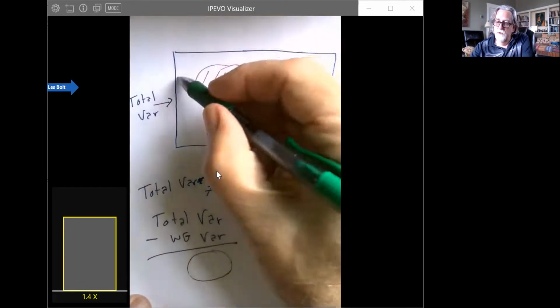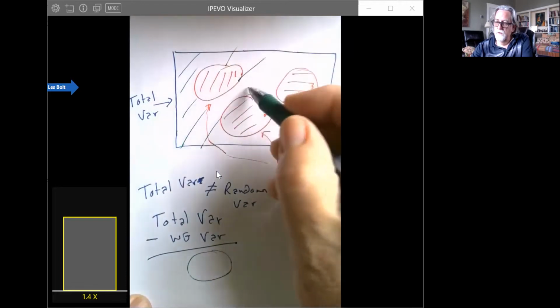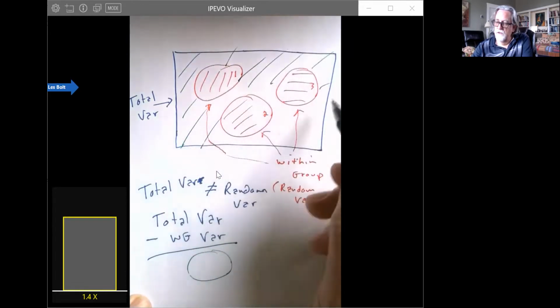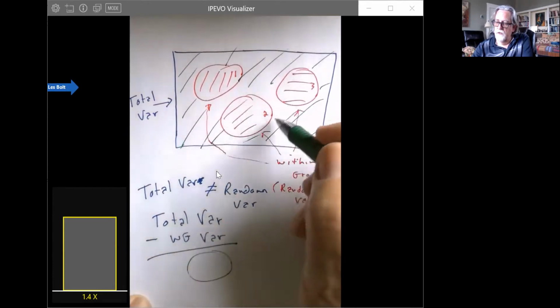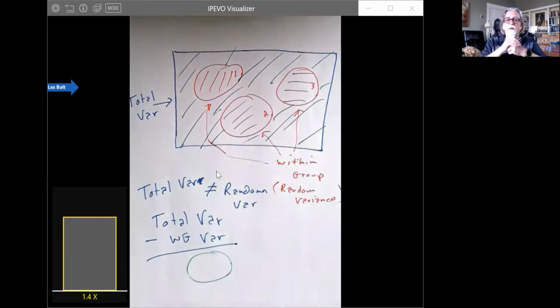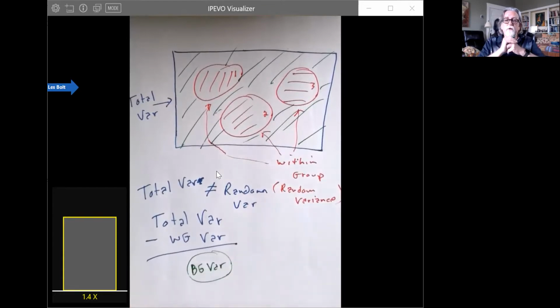And that might be represented by all this space that's in between these groupings. This is the variance that we don't know about. We can't measure it directly, and we have no way of doing that measurement directly. And so this variance, we just end up calling it between group variance. And we figure out what that is by subtracting within group variance from total variance.